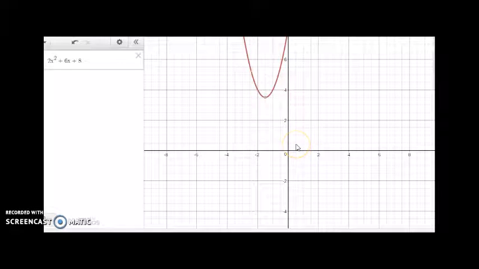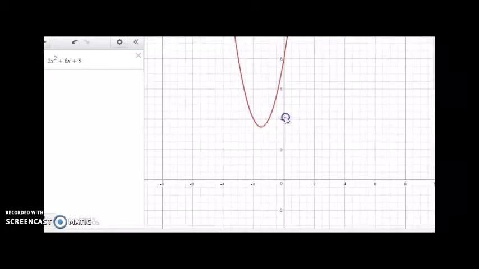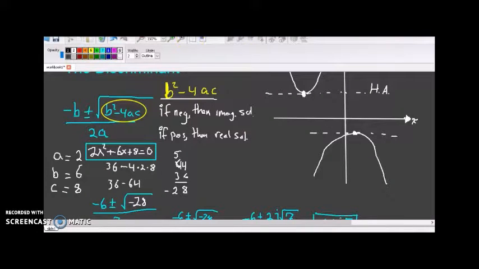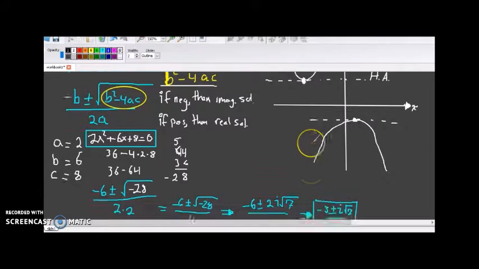So we found solutions, but the solutions are imaginary because they have the number i in them. That's how you find that, and that's what you can use the discriminant for. You can use it to determine whether or not an equation has real solutions.